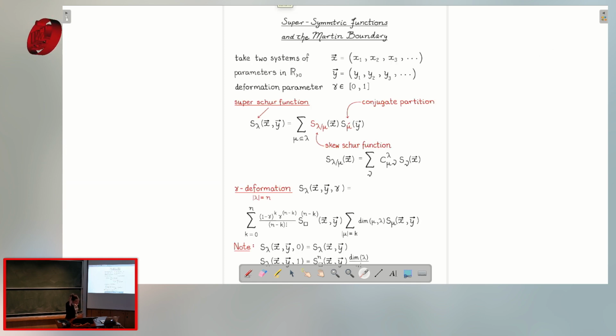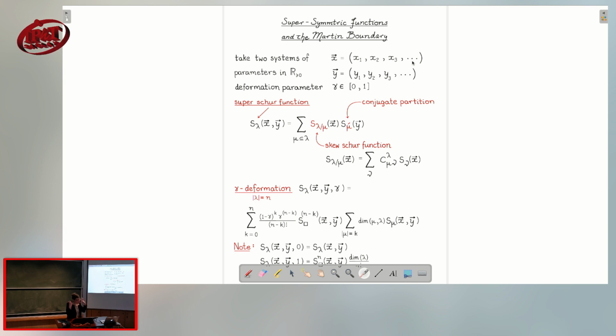Okay, before I go on to Young-Fibonacci, we'll want to upgrade these Schur functions. Instead of just dealing with one system of variables, we'll complement it with an auxiliary system, say of y's. For the moment, we can think of these as two systems of independent variables, but eventually I'm going to want to specialize them.